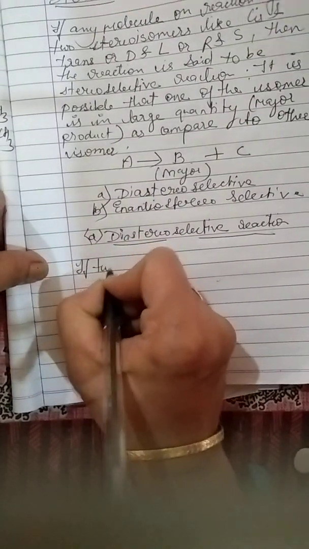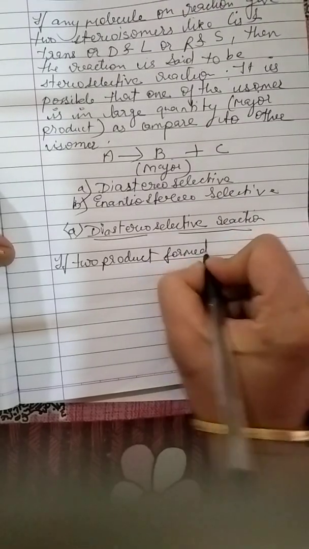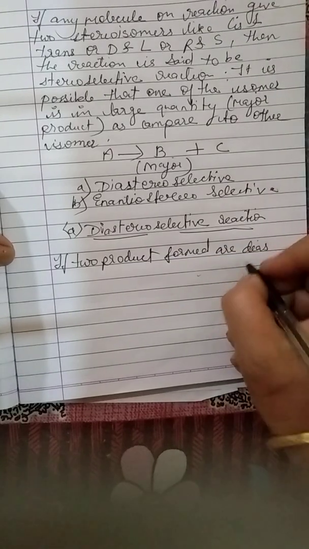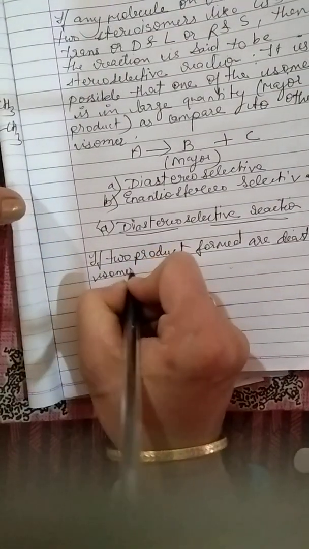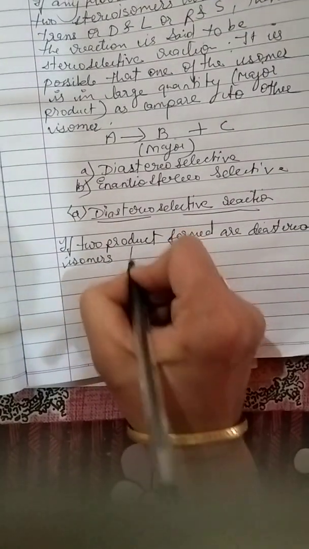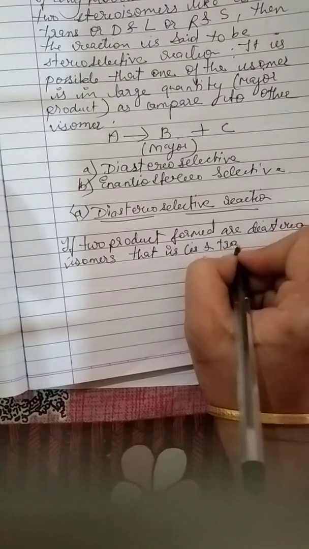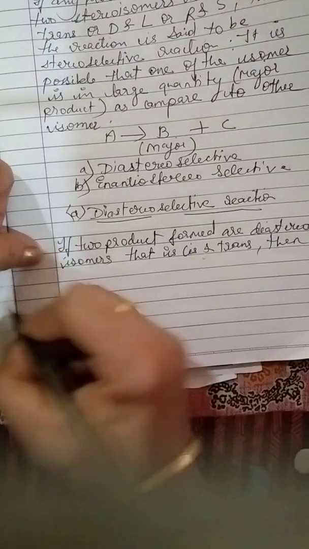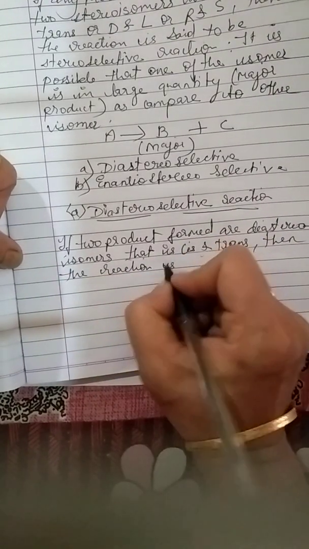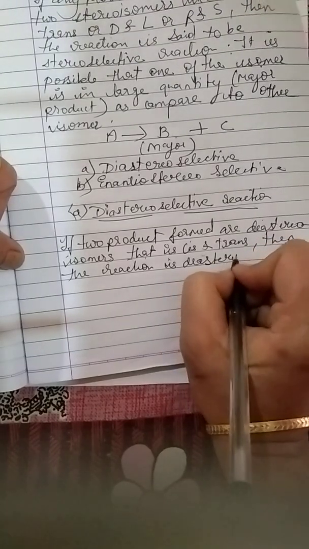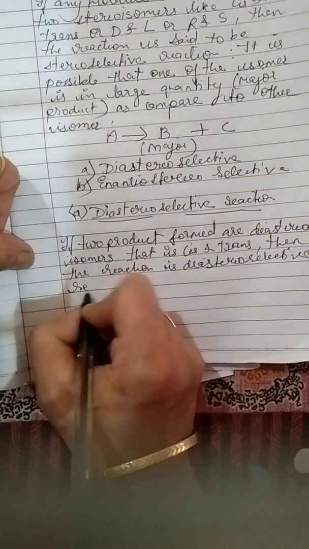If two products formed are diastereoisomers, that is cis and trans, then the reaction is a diastereoselective reaction.